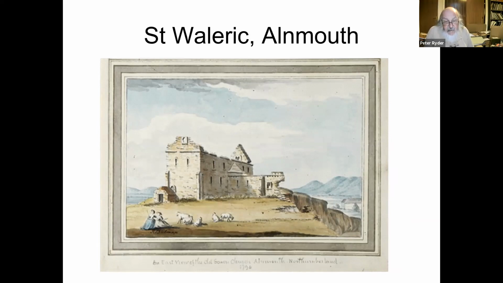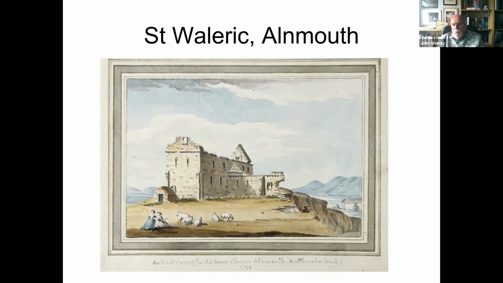Originally, I think that was only isolated from the rest of the village after 1800, when the river changed its course. This painting is 1796. And it's the old church of St. Waleric, who was actually a Norman saint. So although this painting says the old Saxon church, it's more likely it was quite early Norman work.